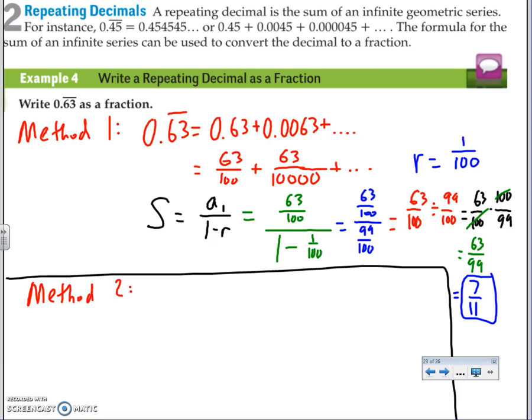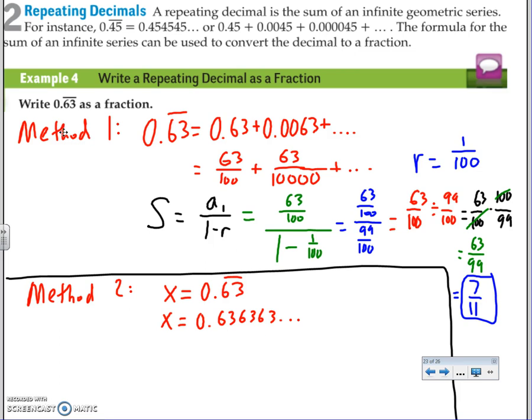So we're going to say let x equal 0.63 repeating. We're going to rewrite it to say x equals 0.636363 and so on. Just keeps running it out. We're going to multiply both sides by 100.